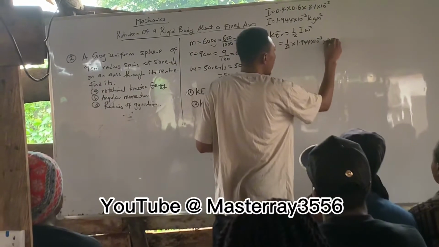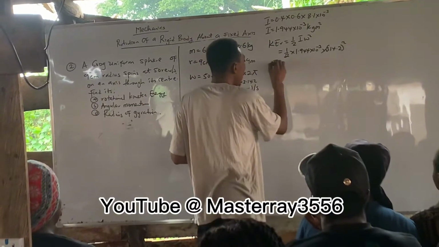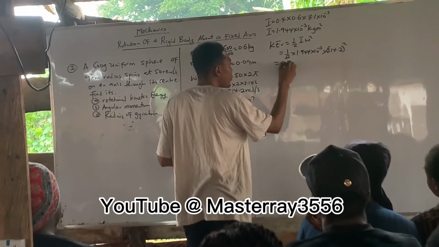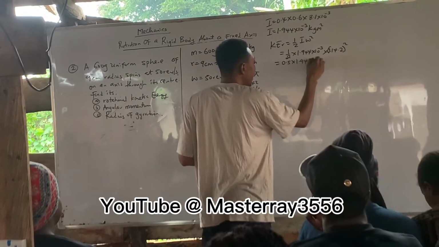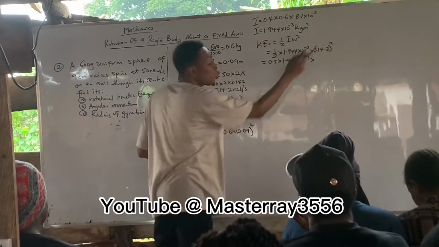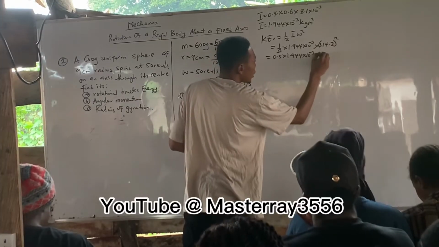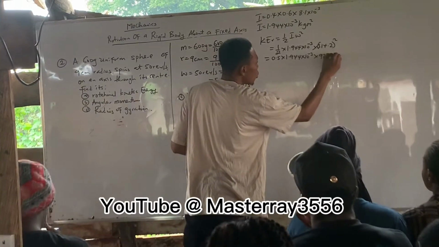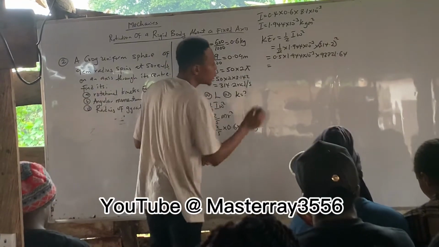So we have 314.2 squared. So half is 0.5 times 1.944 times 10⁻³ times 314.2 squared, which is 98721.64. So if you multiply through, what do we have?